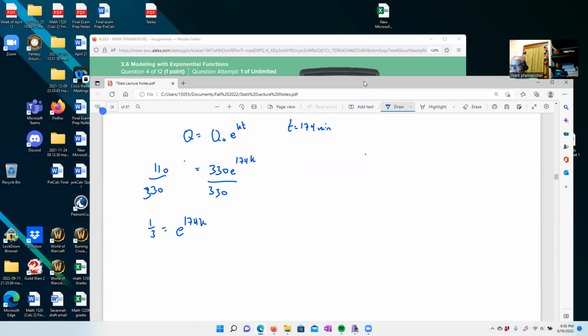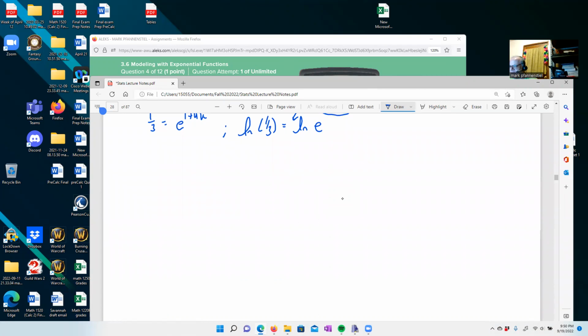So what I'm going to do now is take natural logs of both sides, because I'd like to put k on the baseline. We have ln 1/3 equals the natural log of e to the 174k. This is our third rule of logarithms: the exponent comes down in front. So we have 174 times the natural log of e, and the natural log of e is 1.